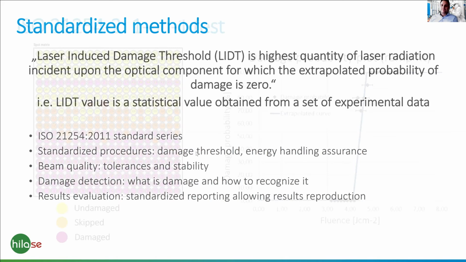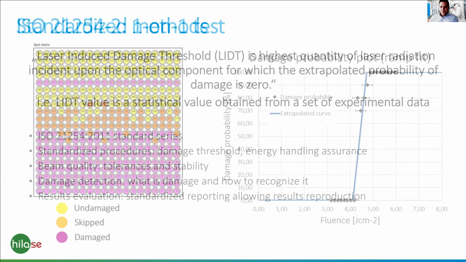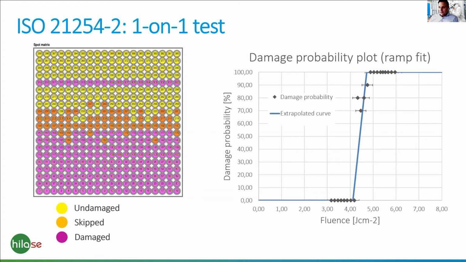So let's jump into the particular tests. ISO 21254-2 describes two types of tests, the one-on-one and S-on-one. The one-on-one test is a procedure in which a certain spot on the sample is exposed to exactly one pulse of a specified energy and beam profile.